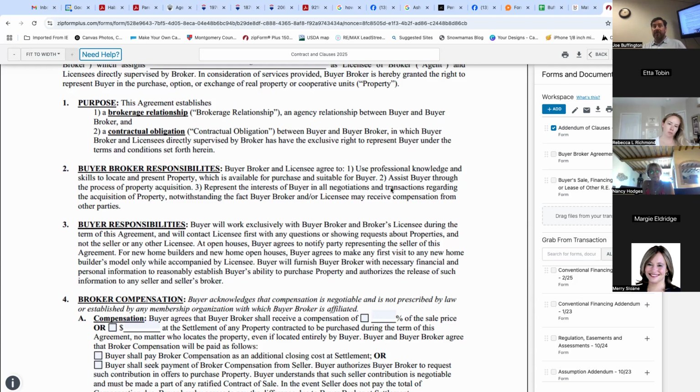So the buyer's free, that agent's no longer committed to them as their agent, but the buyer's still obligated to pay them if they buy something. So make sure you understand that there are two types of releases out there. Just because your buyer or a seller says they've got a release, they may only have a brokerage relationship release, not a brokerage relationship and contractual obligation release.